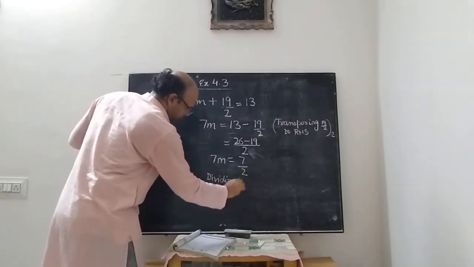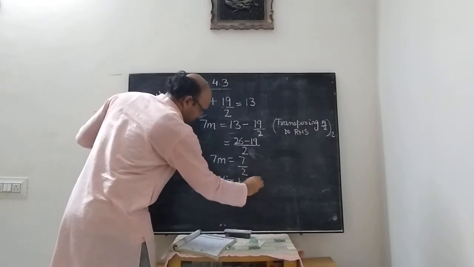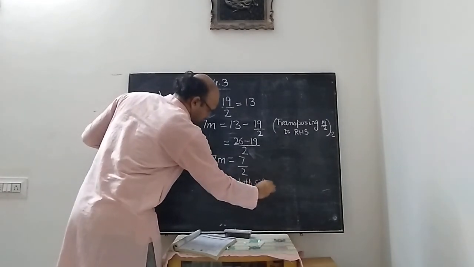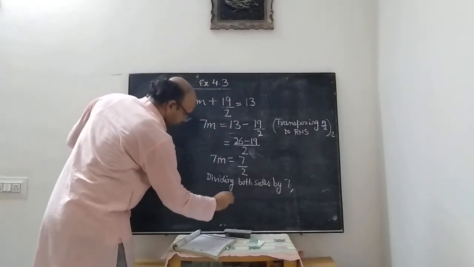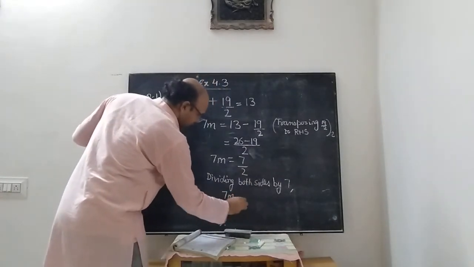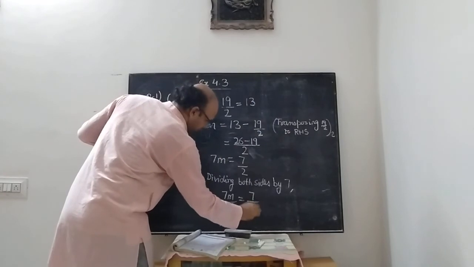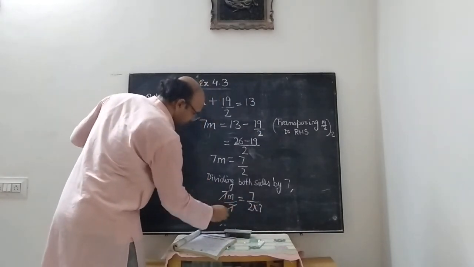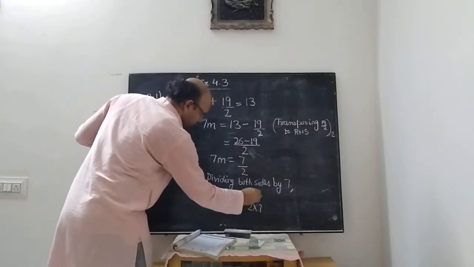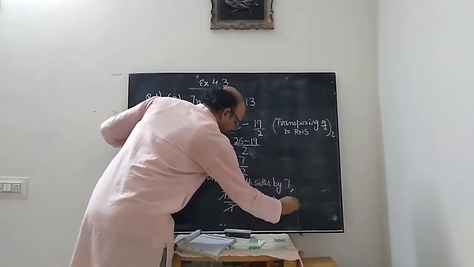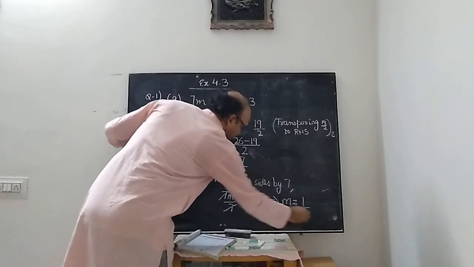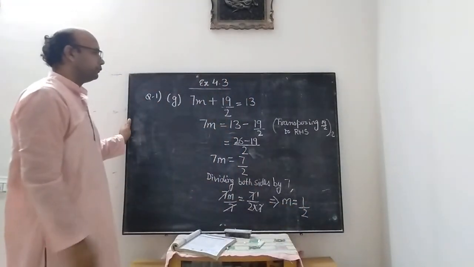Dividing both sides by 7, we have 7m by 7 is equal to 7 by 2 by 7. The 7 cancels out, 7 again cancels out, so what is left is m is equal to 1 by 2.